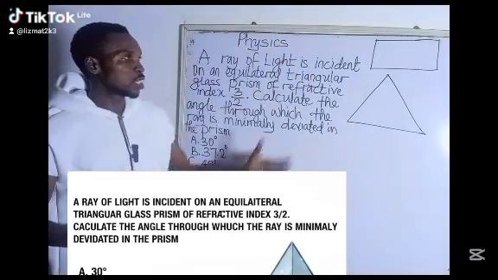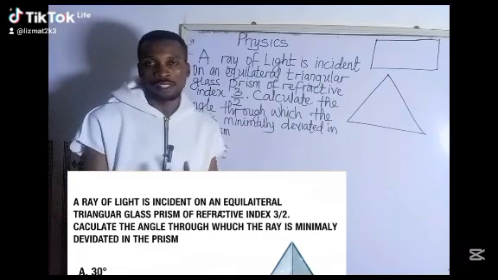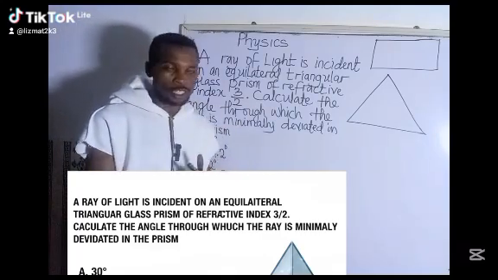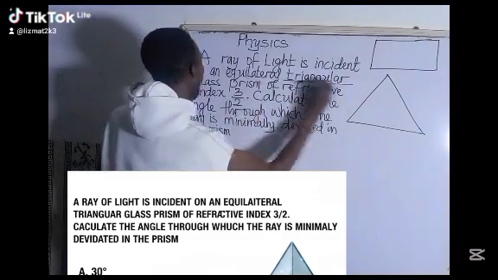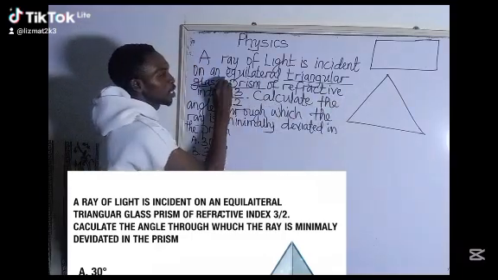Here are the two types of prism that we normally use when we talk about refraction of light in physics, especially the practical aspects of it. But this question is talking about the triangular glass prism.